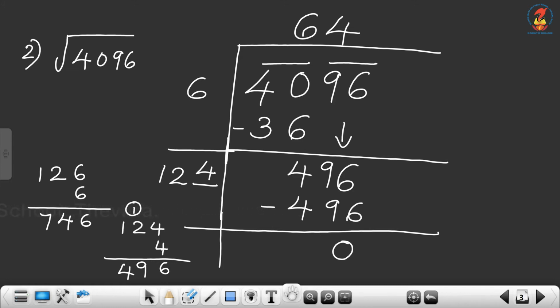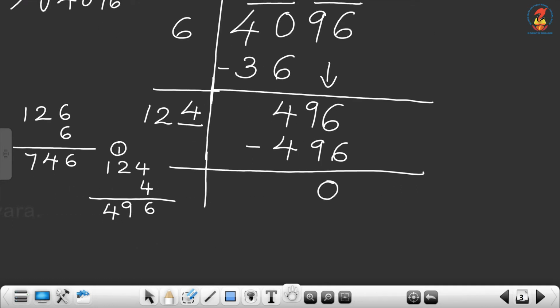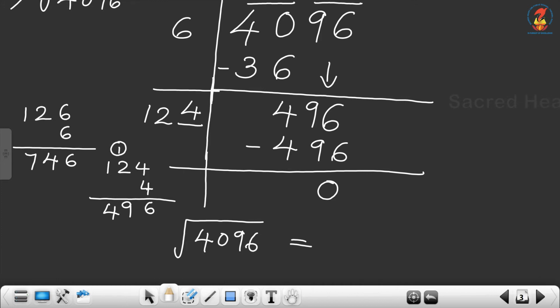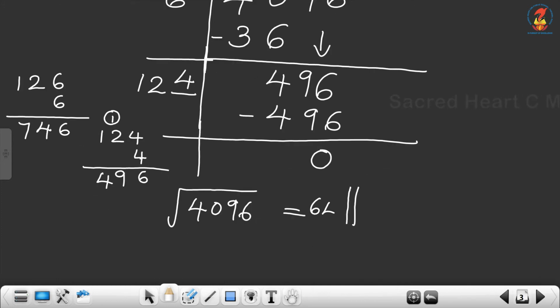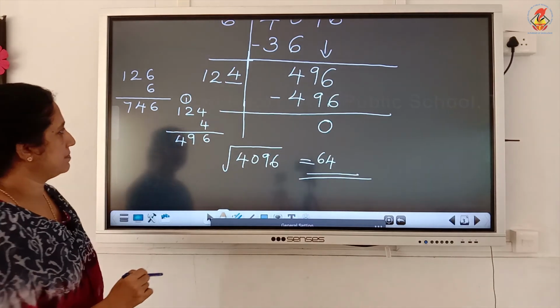So we can say that the square root of 4096 is equal to 64.